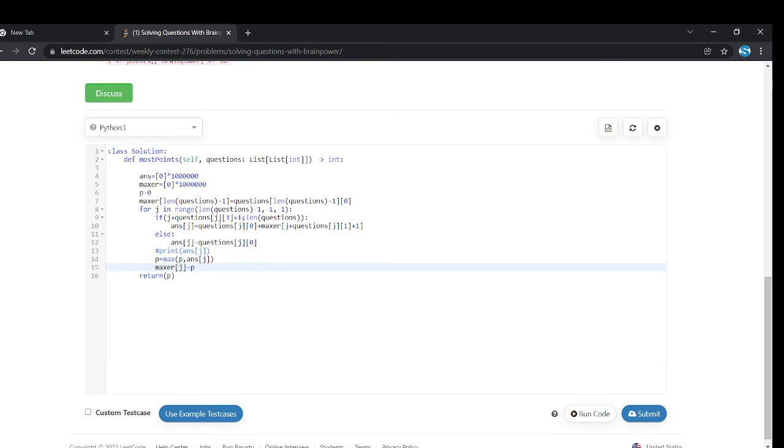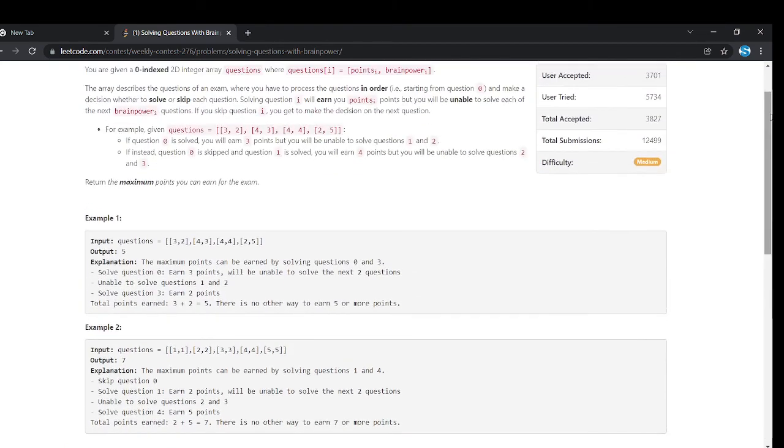Okay, so if that is less than the length of the question itself, and why we are taking less than length of the questions, as you saw here, right? If we solve the last question here, the current index will be 0, 1, 2, 3. So this is the third question. If we solve the third question, how many questions now we won't be able to take after solving this?